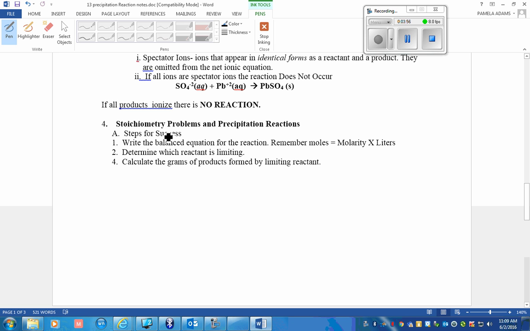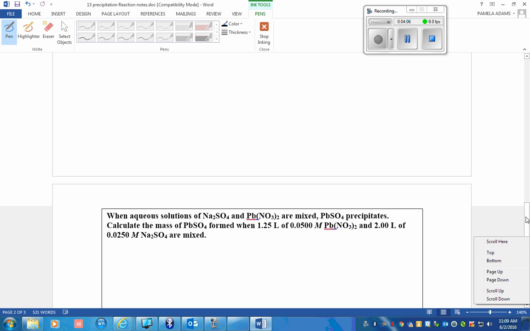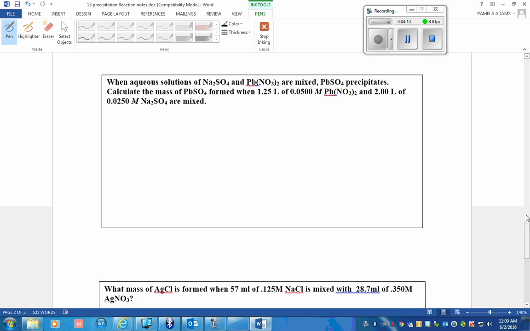Now we're going to talk about some stoichiometry problems when we're talking about double replacement reactions. A lot of times you will need to not only determine what new solid is formed, but how much of a new solid is formed. Here's an example of that type of problem.